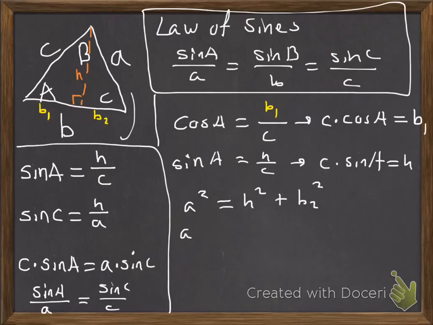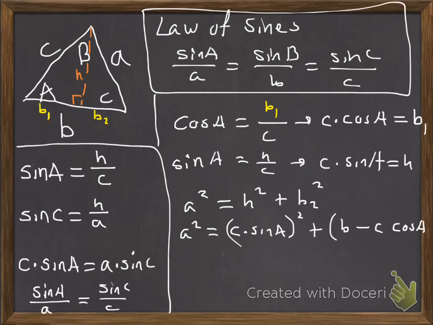We're using the right side right triangle there. We'll do a little substitution: A squared is equal to the quantity C times sine of A, squared, plus B2, which can be written as B minus B1.